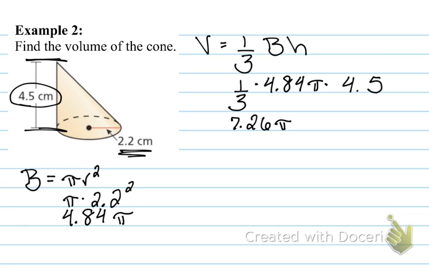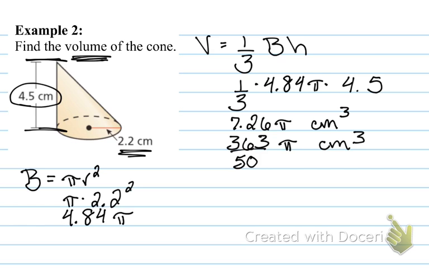Or if I get that as a fraction, math enter, 363 over 50 pi. So either one of those will work. My units here, it's volume, so that's cubic units, so centimeters cubed. Or then let's approximate, so I'll take that 363 over 50, multiply it by pi, which is approximately 22.81.